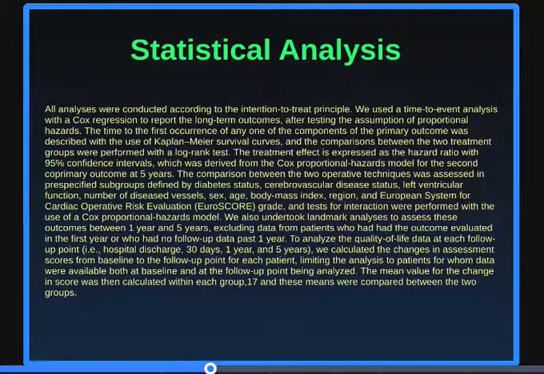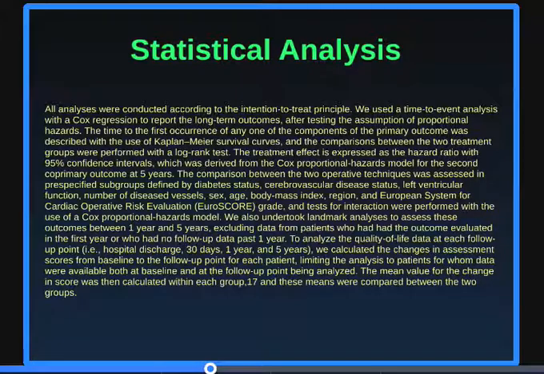We also undertook landmark analysis to assess these outcomes between 1 year and 5 years, excluding data from patients who had the outcome evaluated in the first year and who had no follow-up data past 1 year.